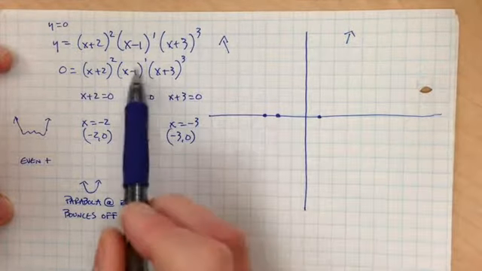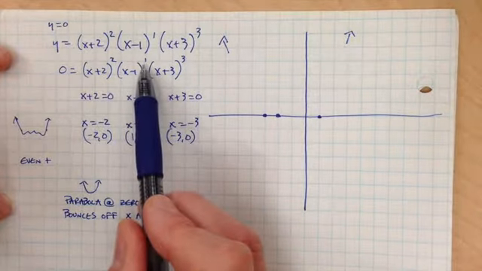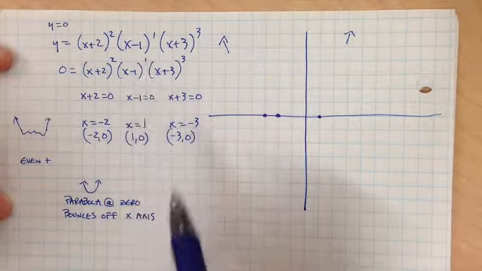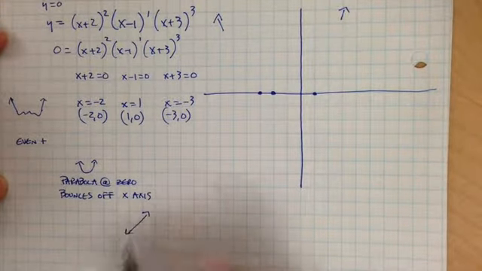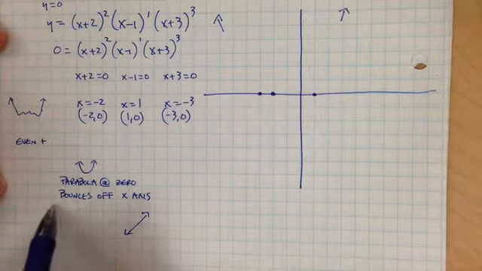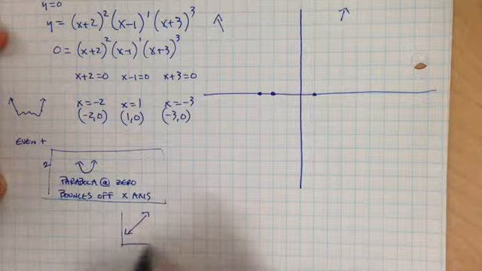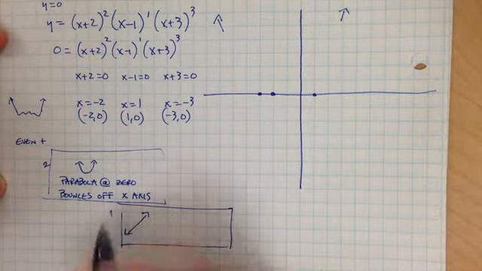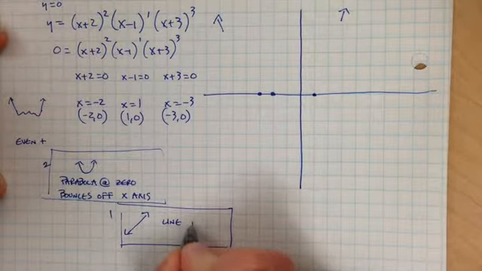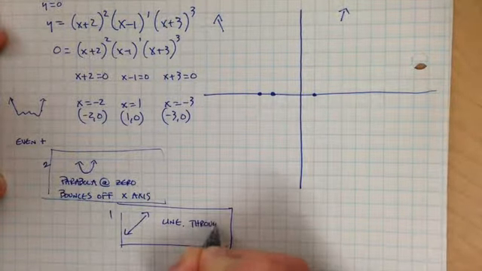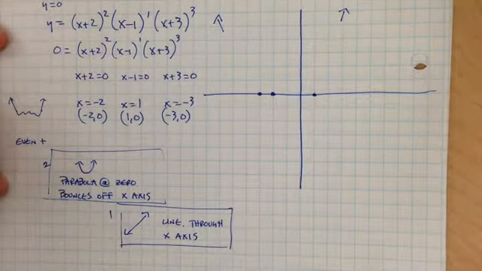Now looking at this root, 1, 0, x equals 1, this has an exponent of 1. The exponent of 1 reminds me of a line. Think of y equals x. So this is an exponent of 2, and this would be an exponent of 1. Think of a line. So it goes through the x-axis.